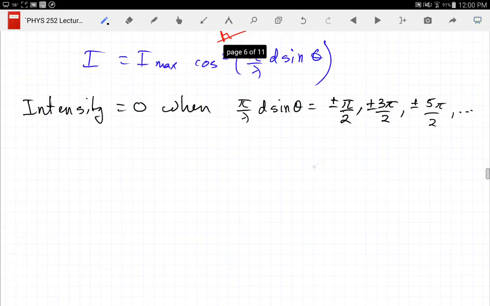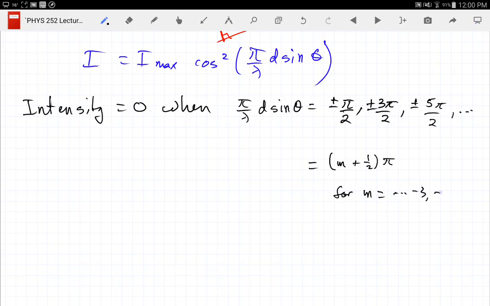Now we can just make a pattern then. That's equal to m plus 1/2 times pi for m equals ... minus 3, minus 2, minus 1, 0, 1, 2, 3, ... Right, for any value of m, if I put in m is equal to 0, I have 1/2.